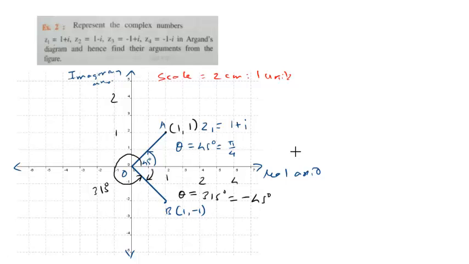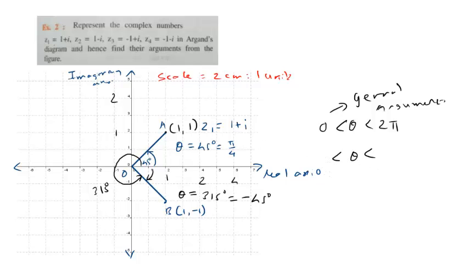When the argument is represented by the angle which is greater than 0 degree or 0 radian up to 2 pi radian, that is 360 degree, then this representation of the argument is known as the general argument. When the same argument is represented by the angle from minus pi to plus pi radians, then it is called the principal argument.